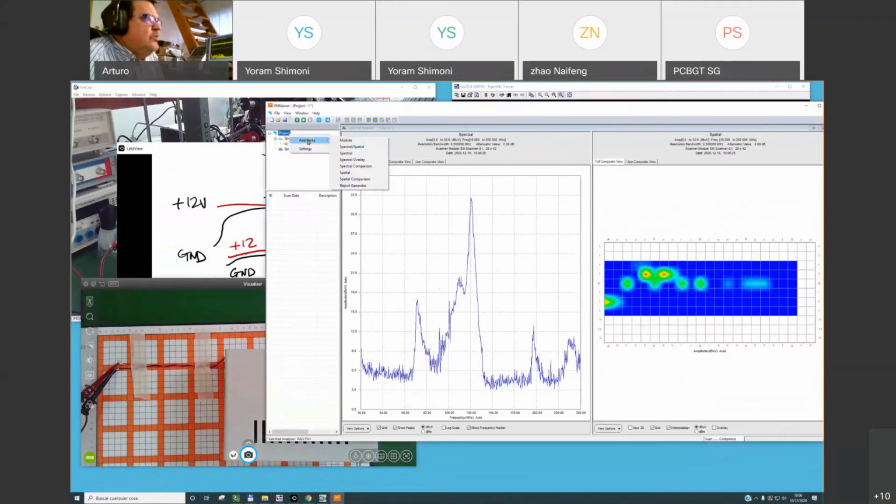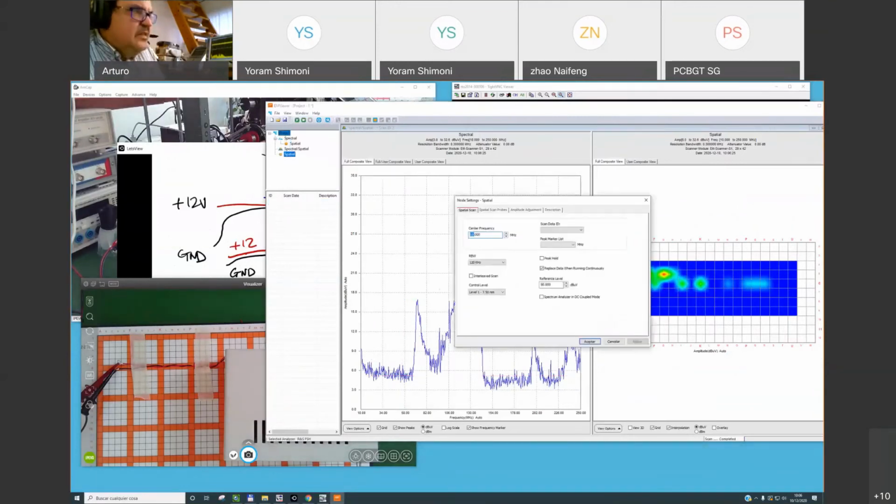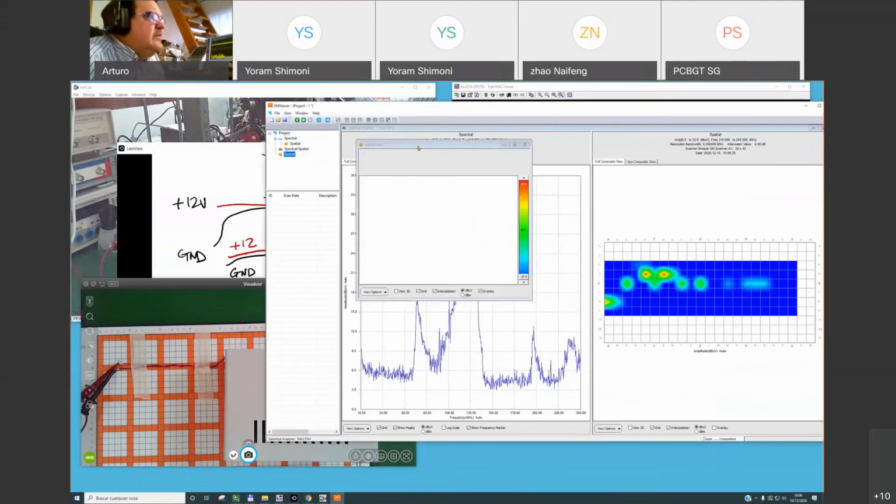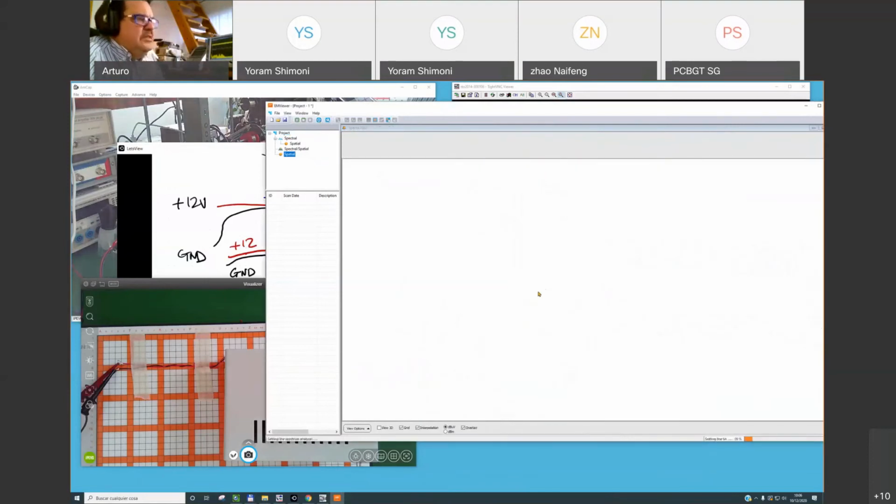Let me create a new spatial scan at 130 megahertz with a 300 kilohertz resolution bandwidth. And let me specify the same number of cells. From the 3, this one, okay, accept, and then we scan only for that frequency.